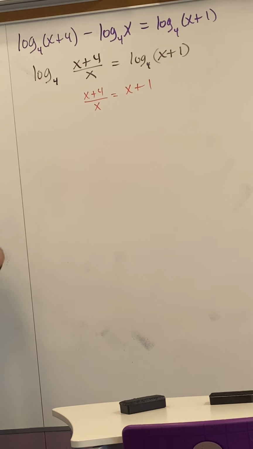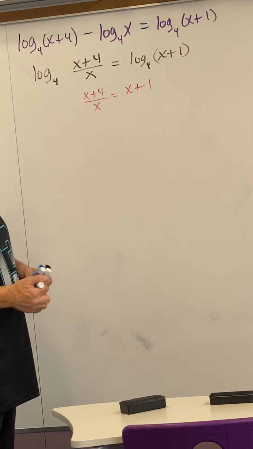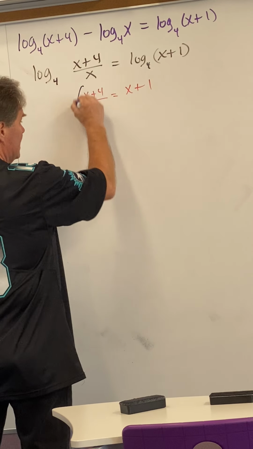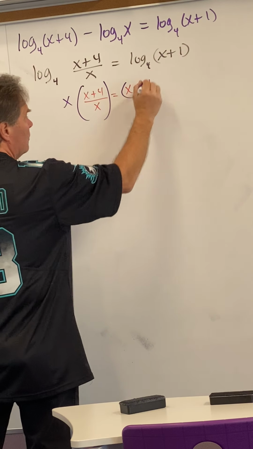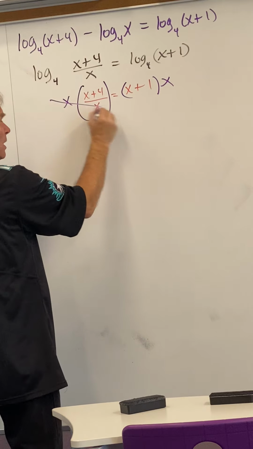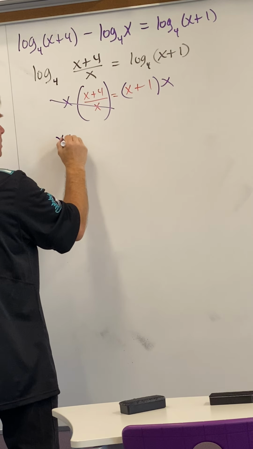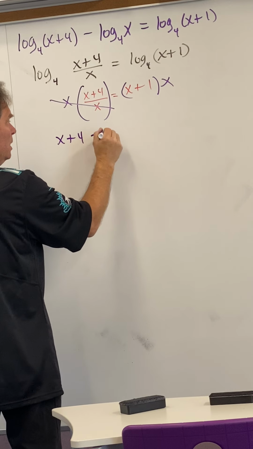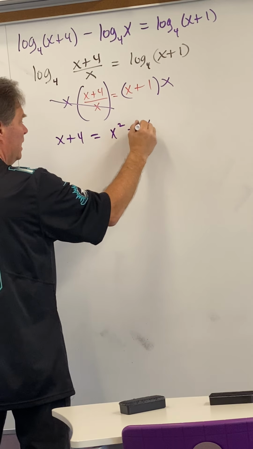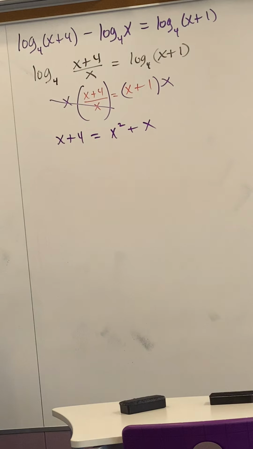I don't like that. How can we get it out of there? Easy. Just times by x. But if you times this side by x to cancel that, you have to also times this side by x. So I get x plus 4 equals x squared plus x. Is that right? Yeah, that's right.